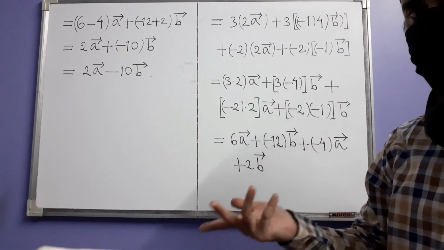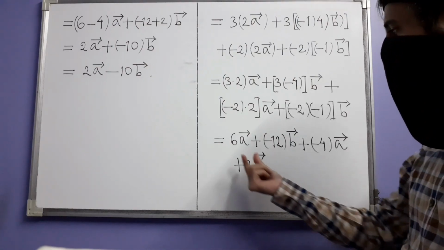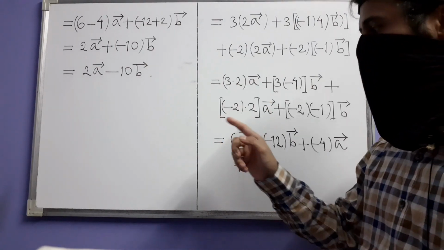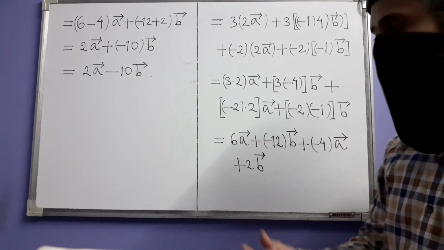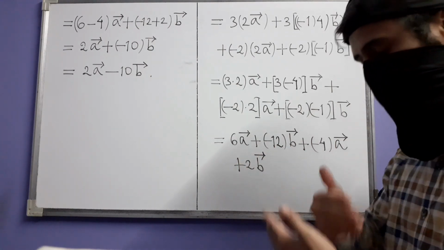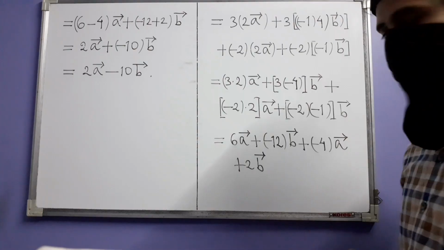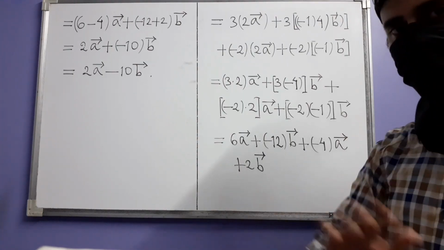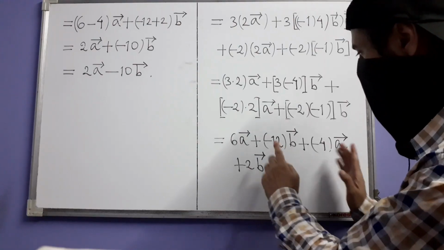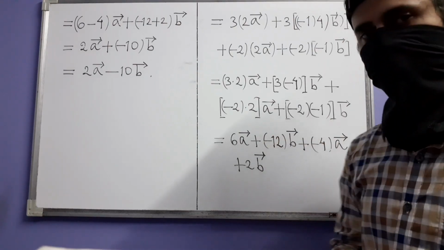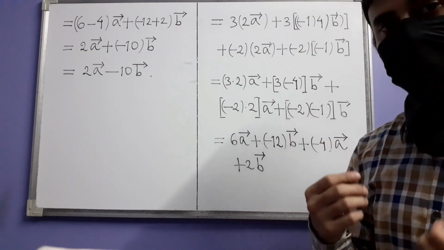And actually that's the thing you should do, because you only have lambda plus mu times a when you have lambda a plus mu a together. They are not together. How to get them together? By changing the order of this vector and this vector, which you can do because vector addition is commutative.